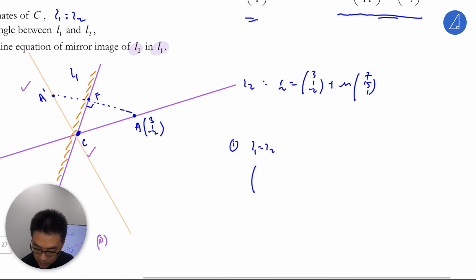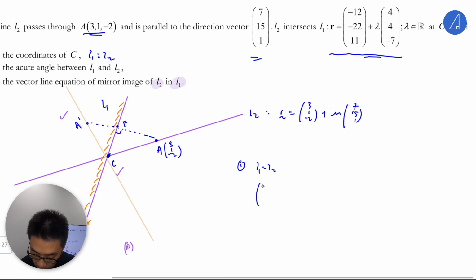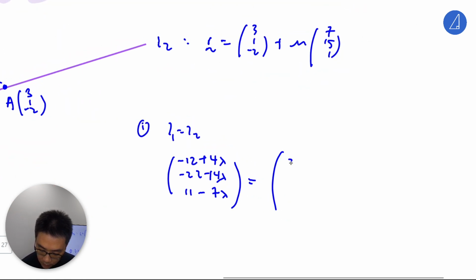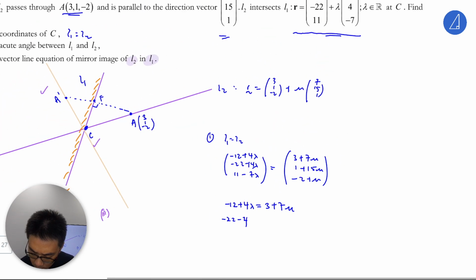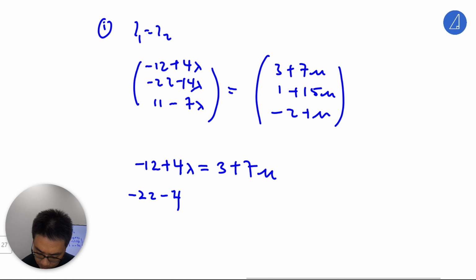Can I just quickly write this down? L1 is (-12, ..., ...) plus 4 lambda, equals 3 plus 7 mu. Then you just equate them and solve it. So minus 22 plus 4 lambda.